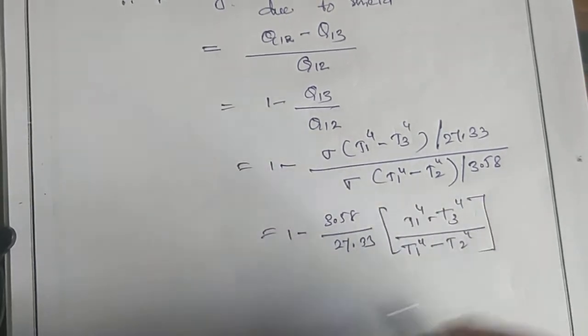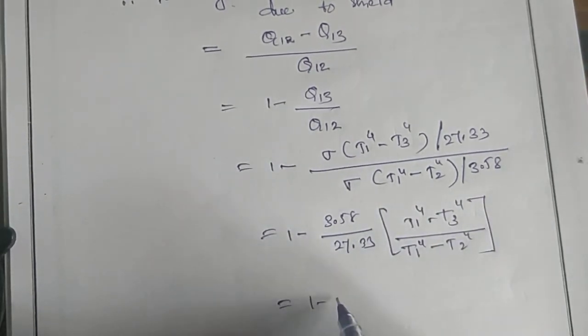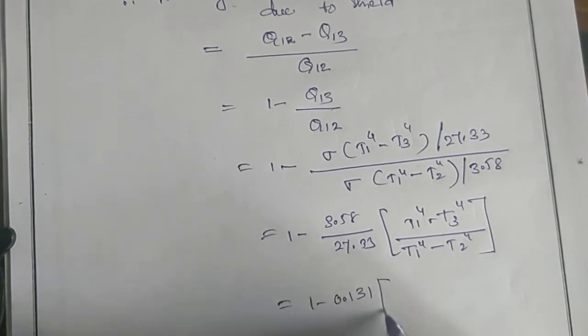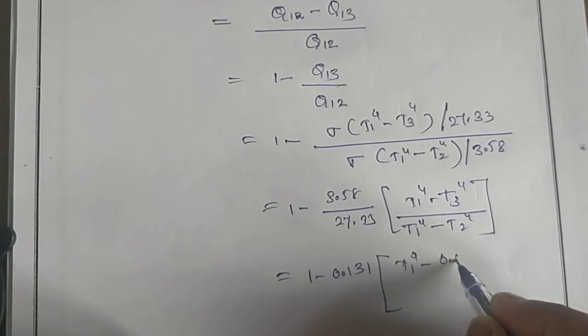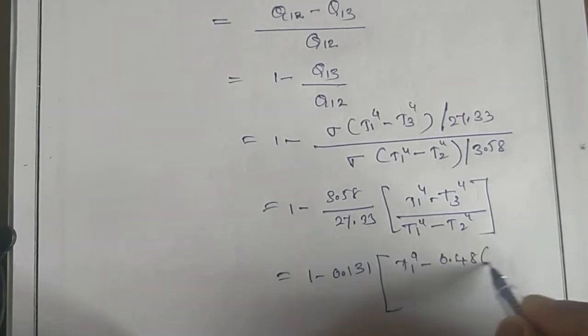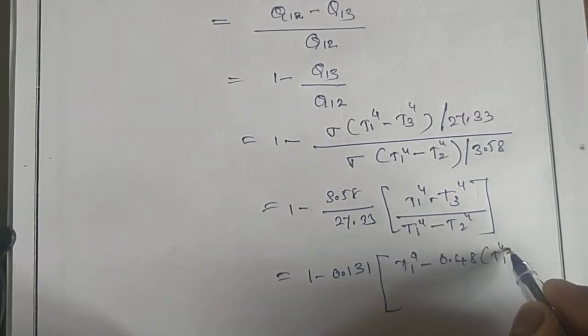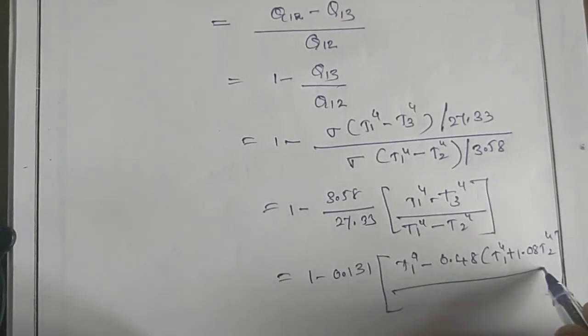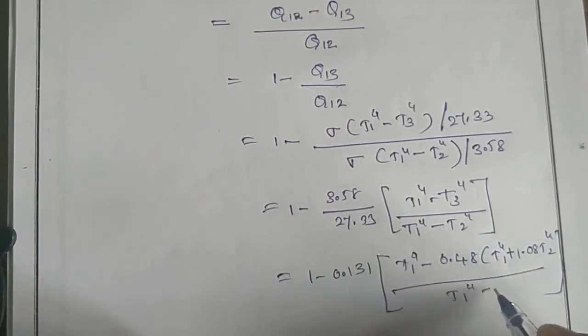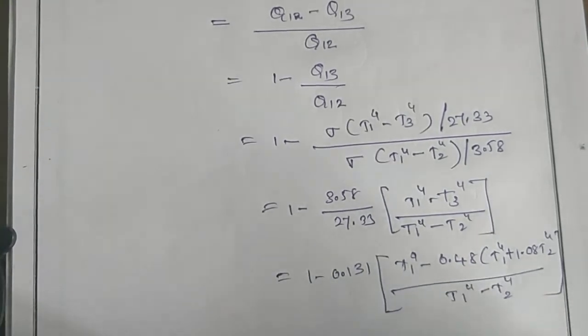Now further we can write 1 minus 0.131 times T1 to the power of 4 minus 0.48 T1 to the power of 4 plus 0.52 T2 to the power of 4, divided by T1 to the power of 4 minus T2 to the power of 4.